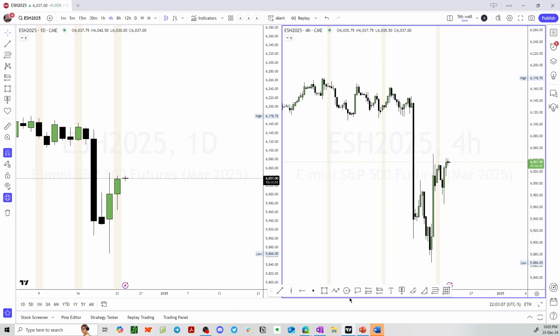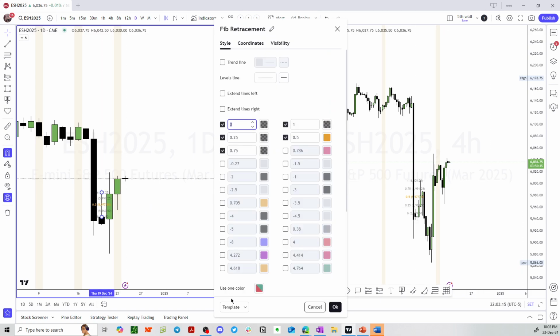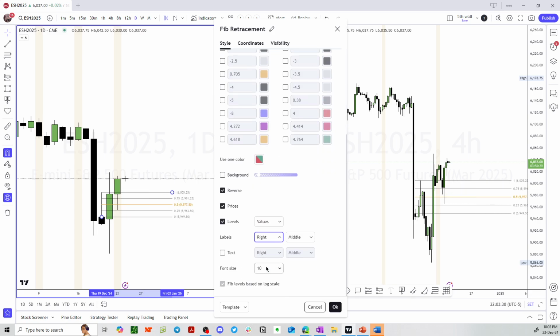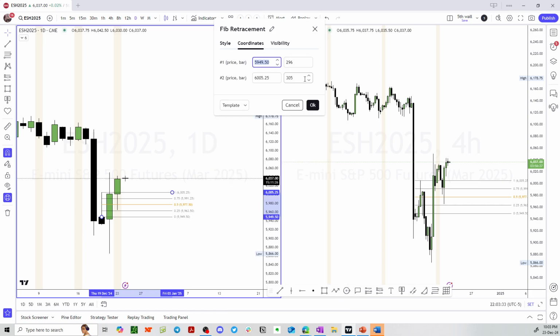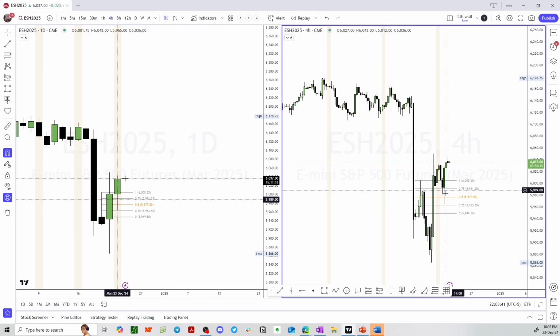You can use this daily wick right here from 2 days ago, and we can see that price is reacting to this wick as well.